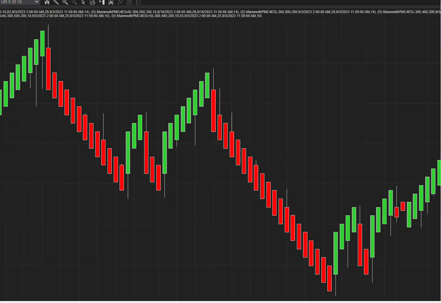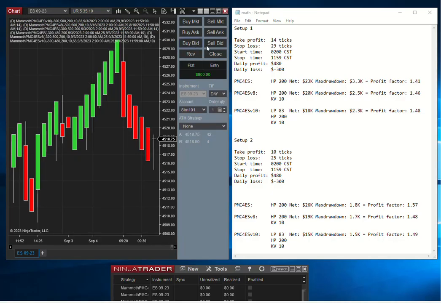But what I'm saying is that if you wanna trade more, you can increase your daily loss from 300 to 600 for one contract. Okay. Or you can increase from 300 to 900. I'm sorry, 300 to 600 for 2 contracts, or from 300 to 900 for 3 contracts.